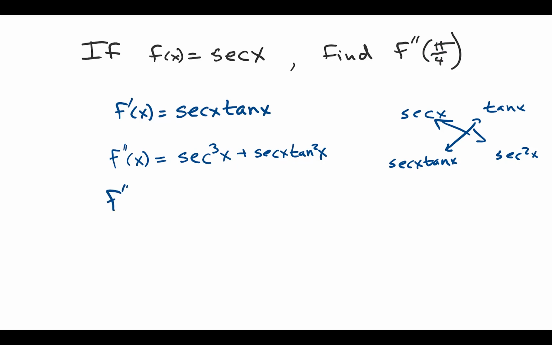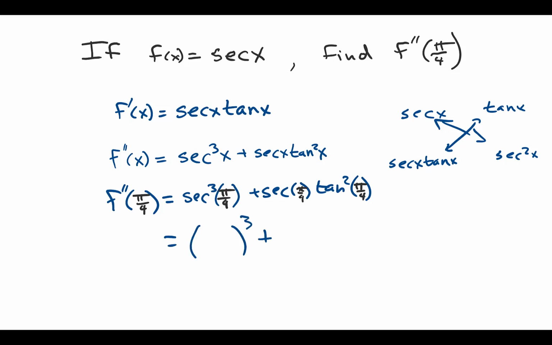So we go f double prime of pi over 4, and we're going to pop that pi over 4 in everywhere we see an x. So we go secant cubed of pi over 4 plus secant of pi over 4 times tangent squared of pi over 4. And we're all familiar. So something cubed plus something times something squared, because that's how it works.